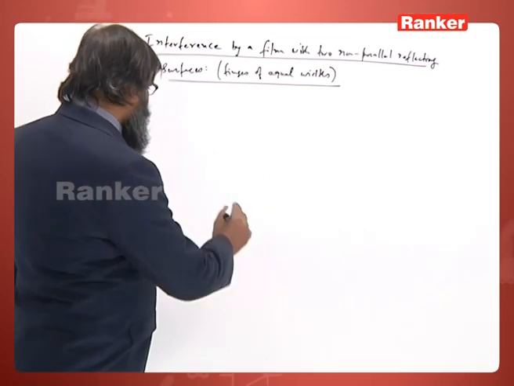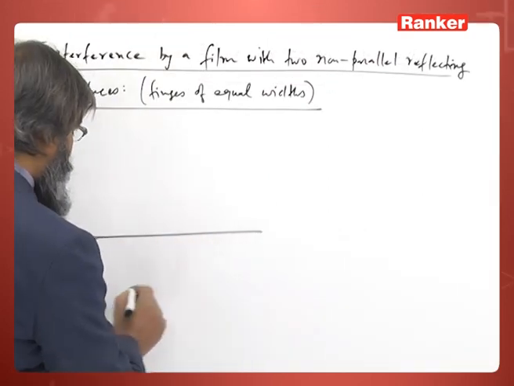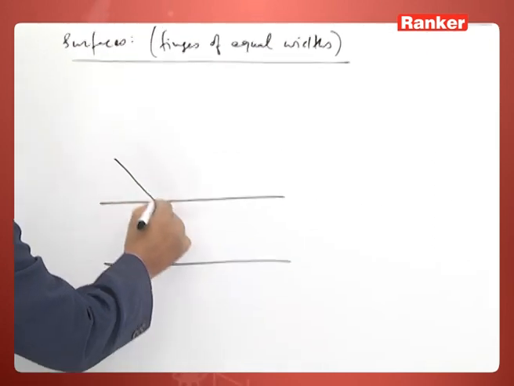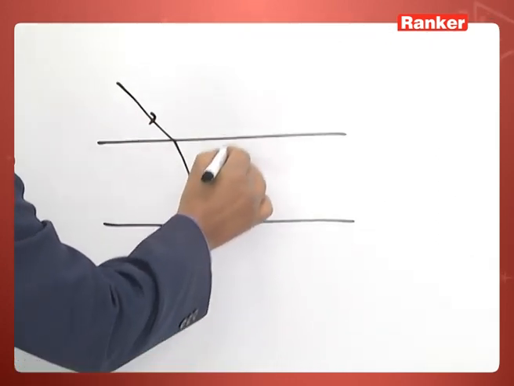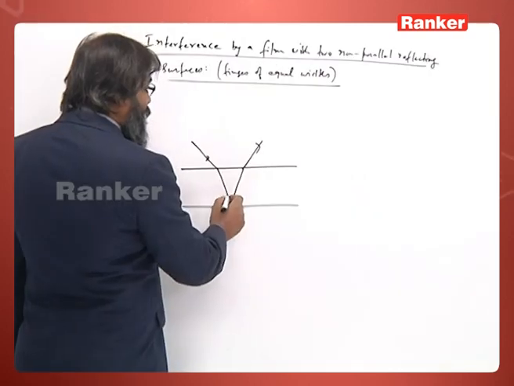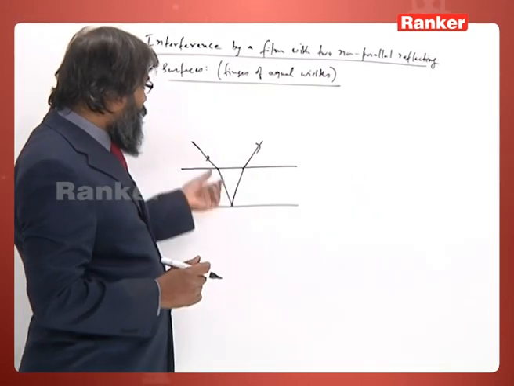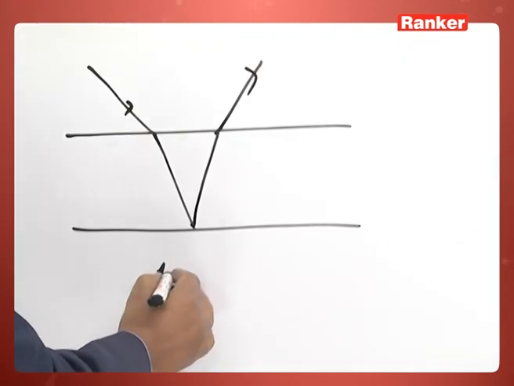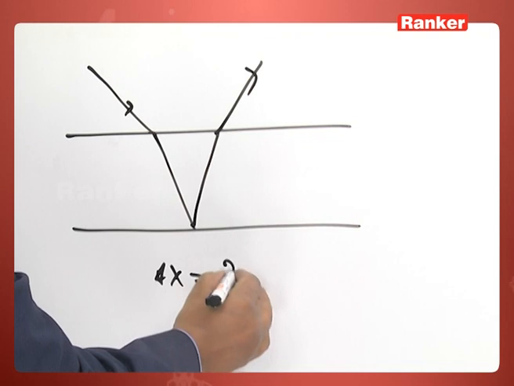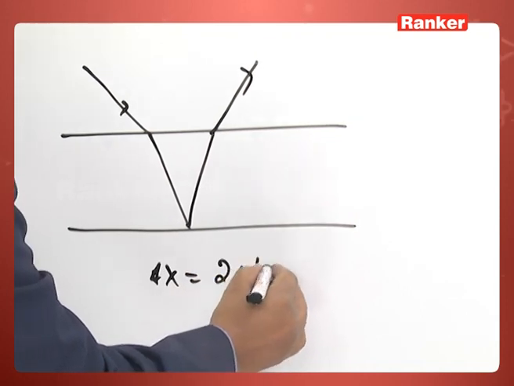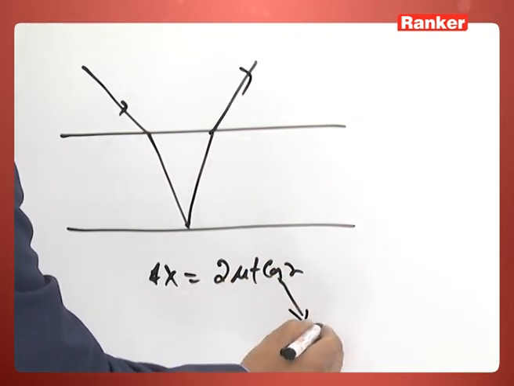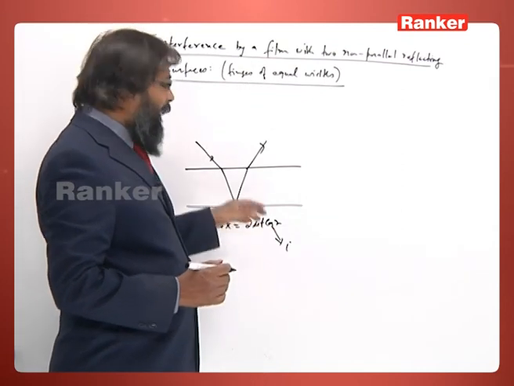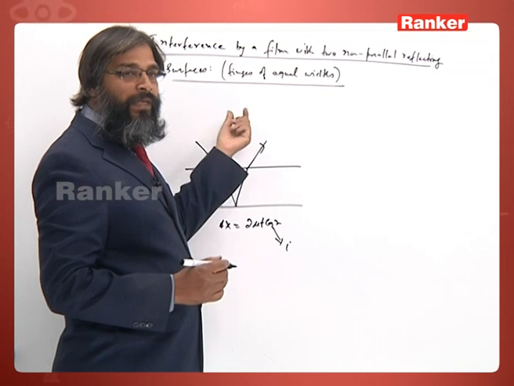Now you see, when it is a parallel wave film, then this ray reflects and the path difference depends on the angle of incidence, because i depends on r. The path difference delta x was 2 mu t cos r, which also depends on i. So as i changes, this will change and the fringes on the screen will be non-uniform.